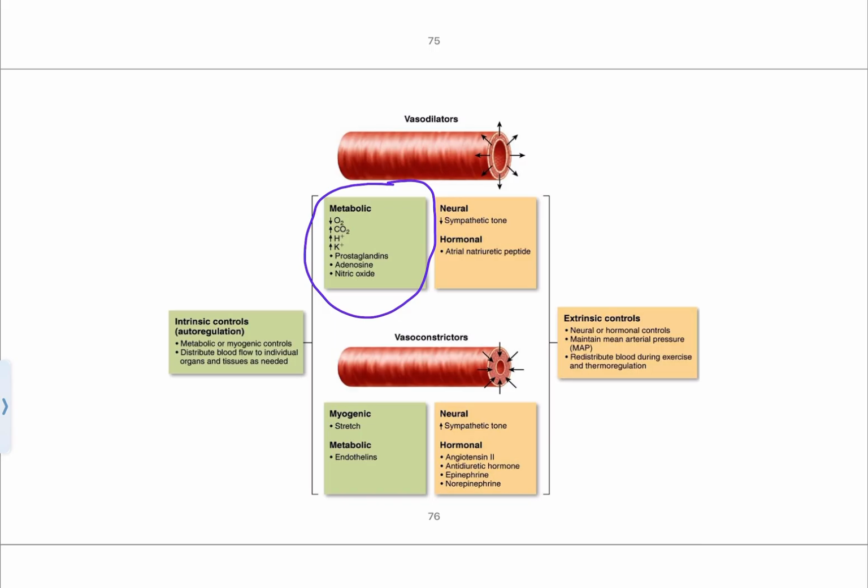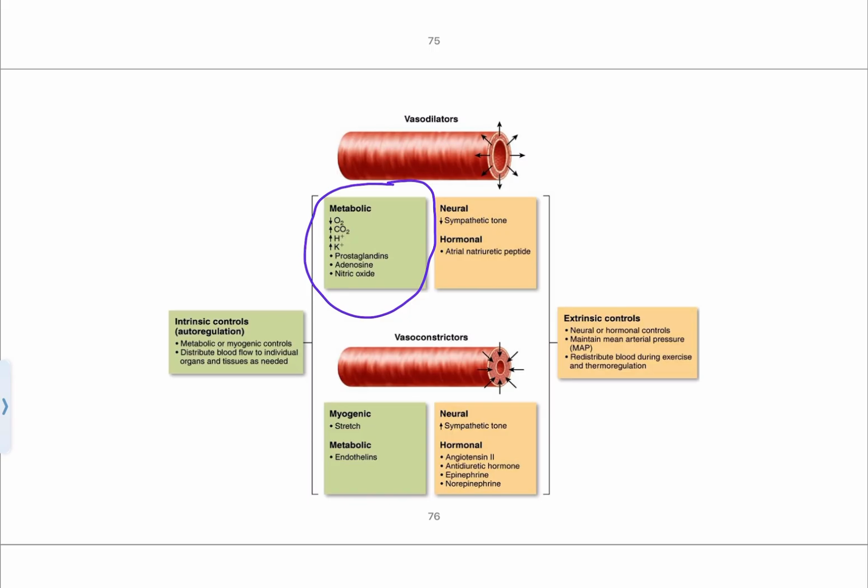So low oxygen would cause us to vasodilate our blood vessels. The reverse is true if we're talking about the metabolic waste products. So metabolic waste products include a high carbon dioxide concentration, high hydrogen ion concentration, high potassium concentration, and then also release of the nitric oxide that we talked about from our endothelial cells, and other things like prostaglandins and adenosine.